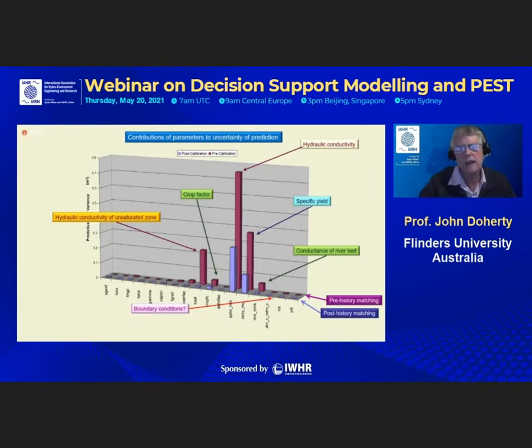So linear analysis can show other stakeholders that what I've done in building this model specifically to meet the imperatives of decision support, it's all okay.